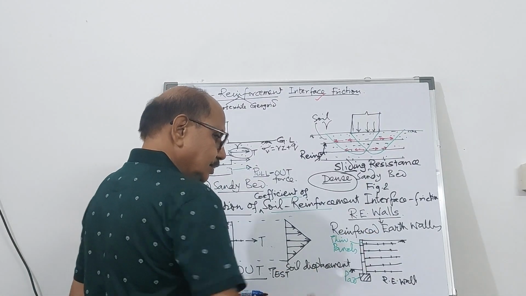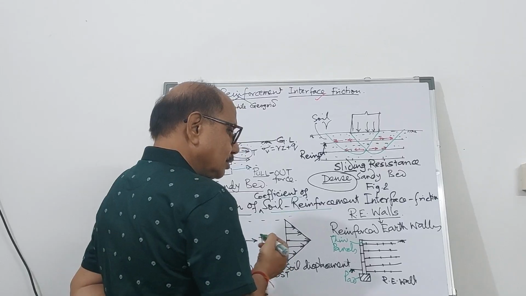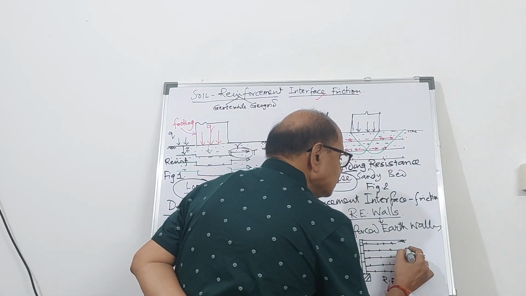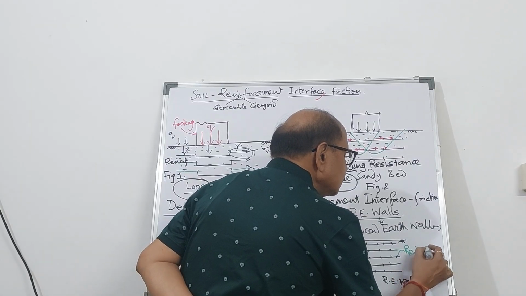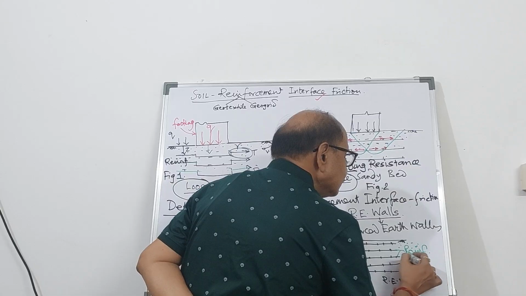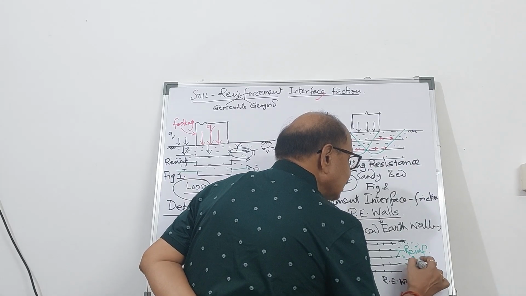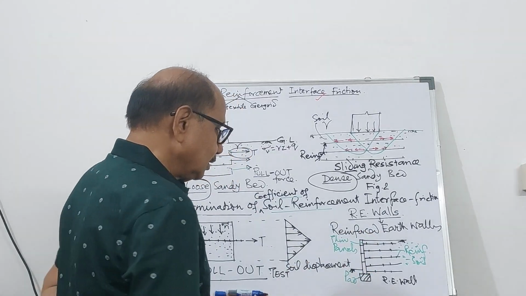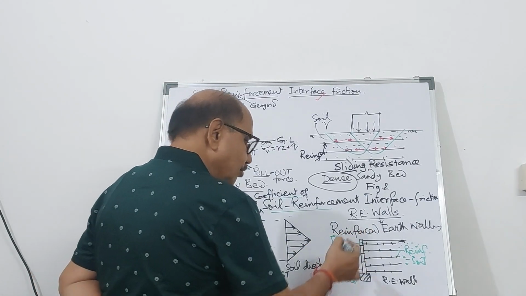And you can have this kind of RE walls. These are the reinforcement. And here is the backfill side. These are the reinforcing elements. This is going to constitute a RE wall.